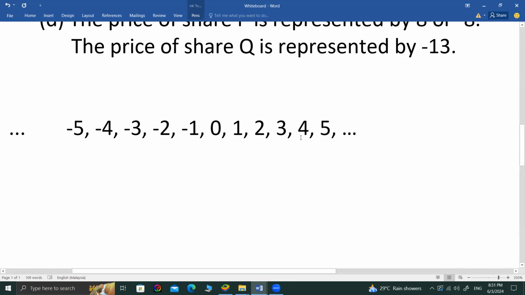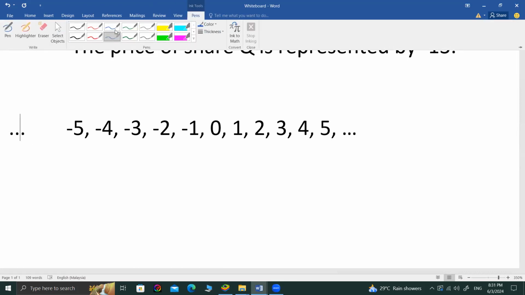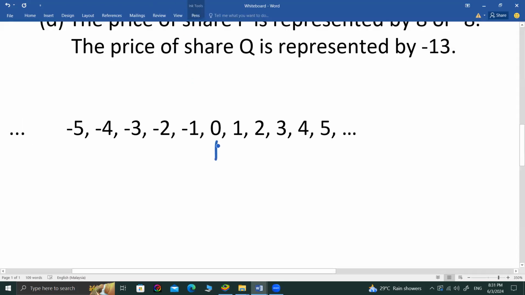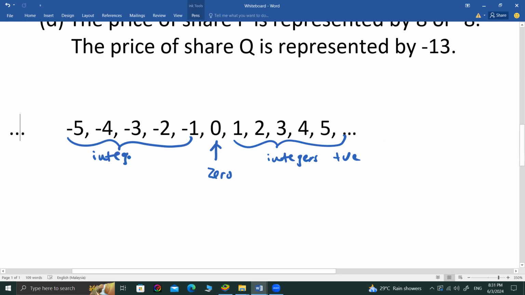Now this one we call integers. Listen well, integers consist of 3 parts. That is 0 itself, because 0 is not positive and is not negative. Then positive integers. Then negative integers.